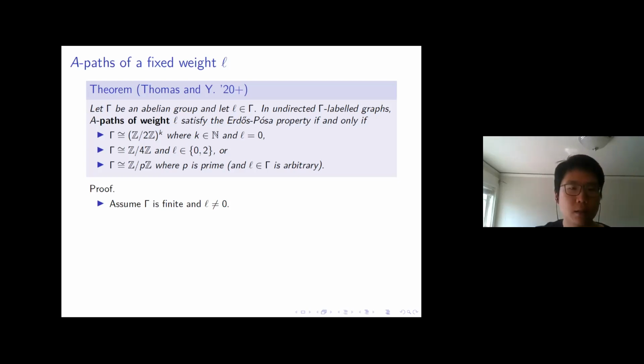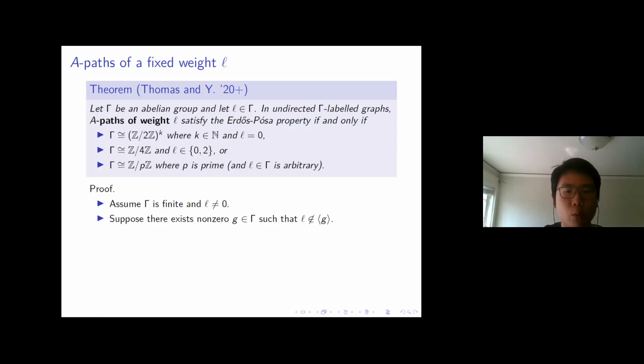Okay, so now let's assume that the group is finite, and let's also assume that the length that we're looking for is non-zero. For the 0 case, we can reduce to the previous theorem. The construction for integer 0 mod 6 actually generalizes to every group that's not one of these three groups.